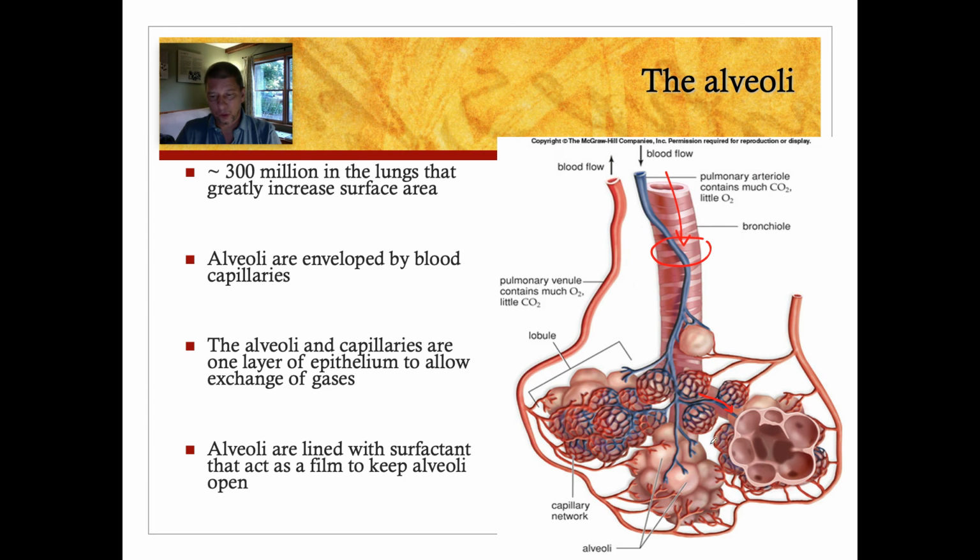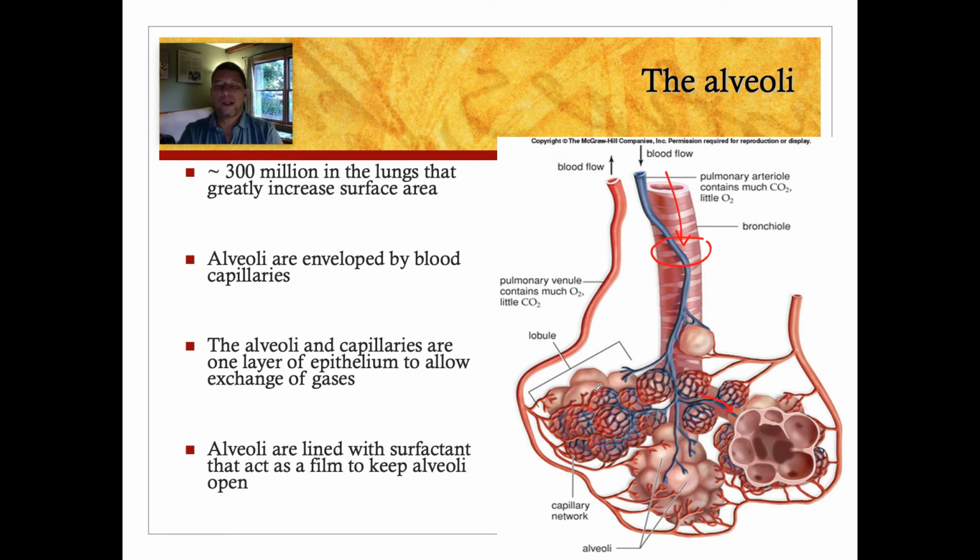This one shows the alveoli uncut, and then this one shows the alveoli with the capillary beds surrounding them. Now, in reality, of course, all of them have capillary beds surrounding them. This is just an illustration to help you understand the structure.